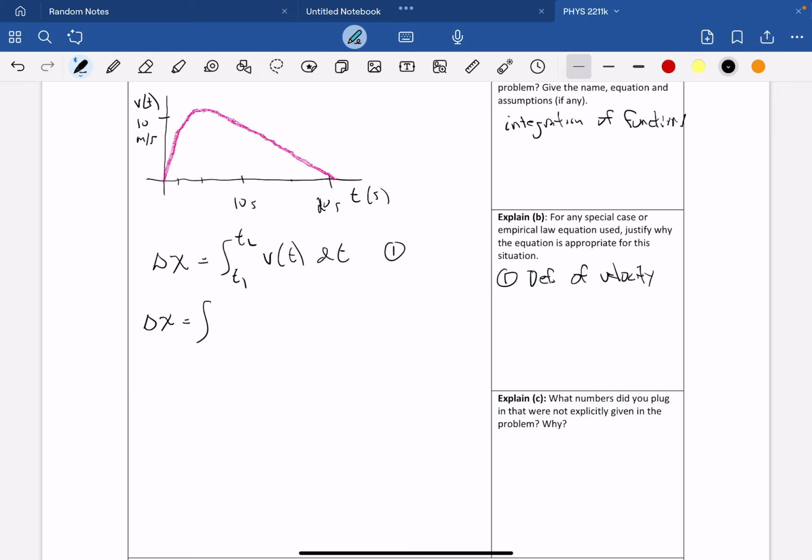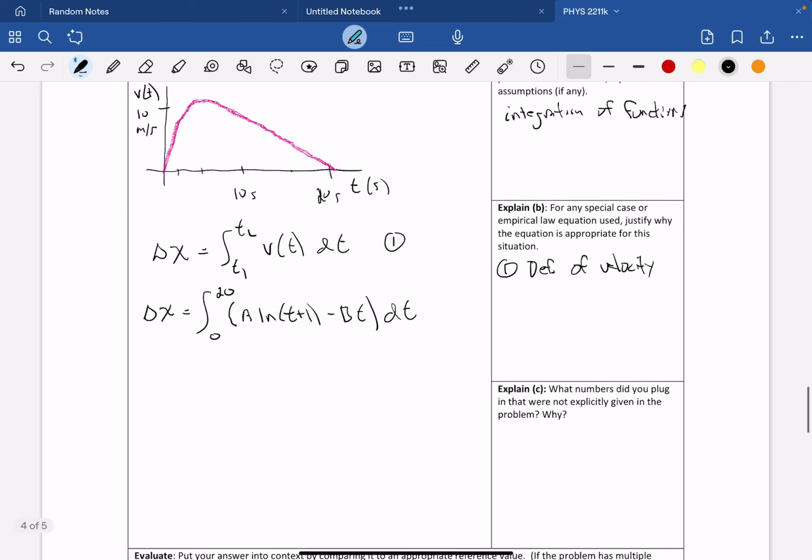So what we're going to do is find the integral from t1, that is 0 seconds, to t2, that is 20 seconds, of the velocity function, that is a natural log of t plus 1 minus bt, dt.